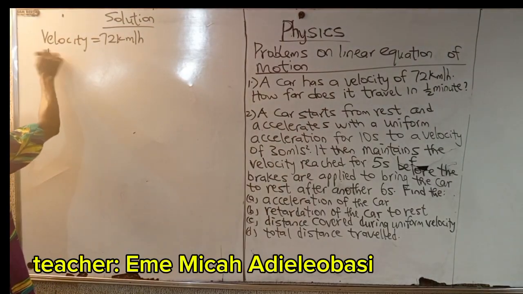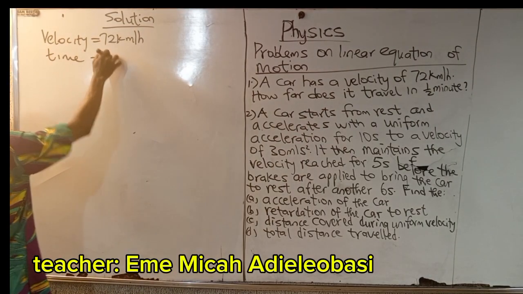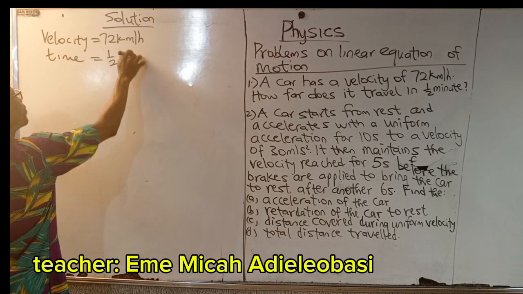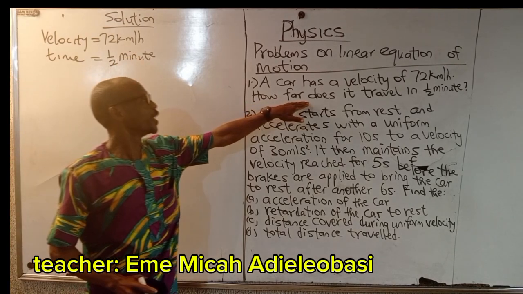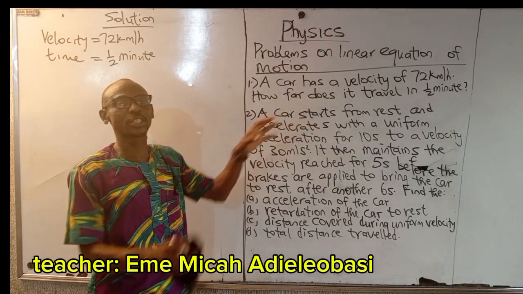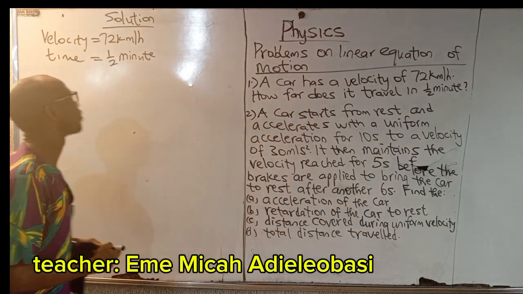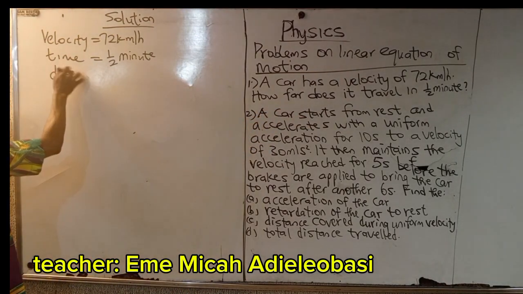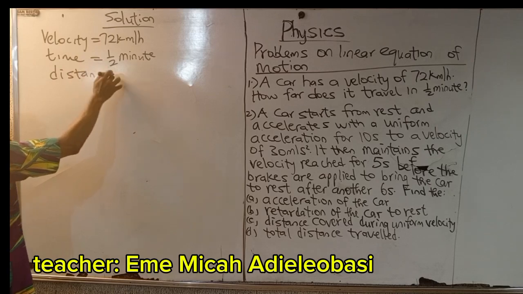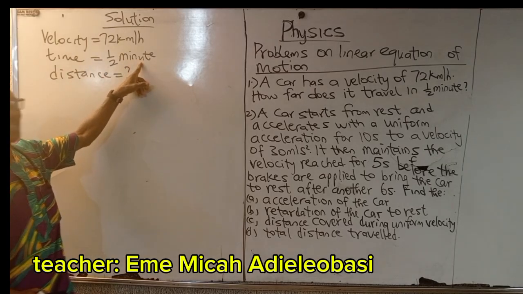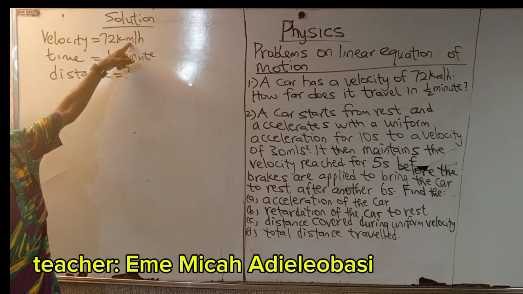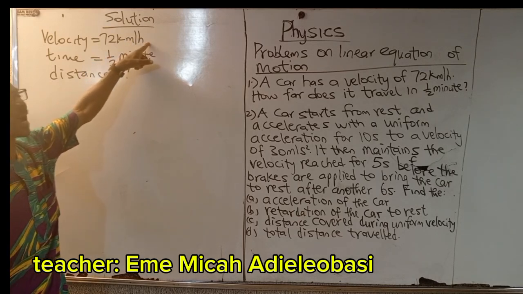What's the time given to us here? Time is half a minute. And they want to know how far it travels. How far it travels means the distance that has been covered. So we want to look for distance. The unit here is minutes, and the unit here is kilometers per hour.